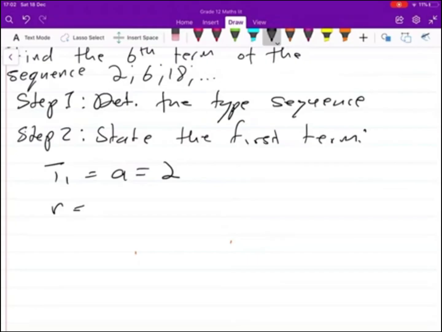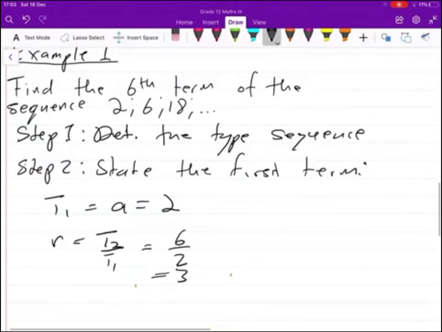Remember, we have found that this is a geometric sequence, so we say T2 divided by T1, and this is 6 divided by 2, which is 3. Guys, it is important for you to show this. If they just give the sequence, you must first state what type of sequence it is, arithmetic or geometric. That is very important.